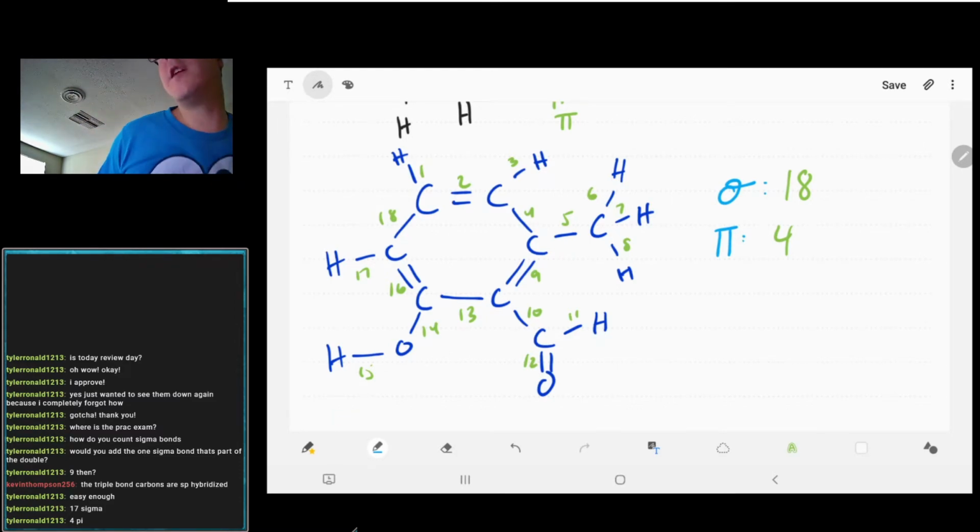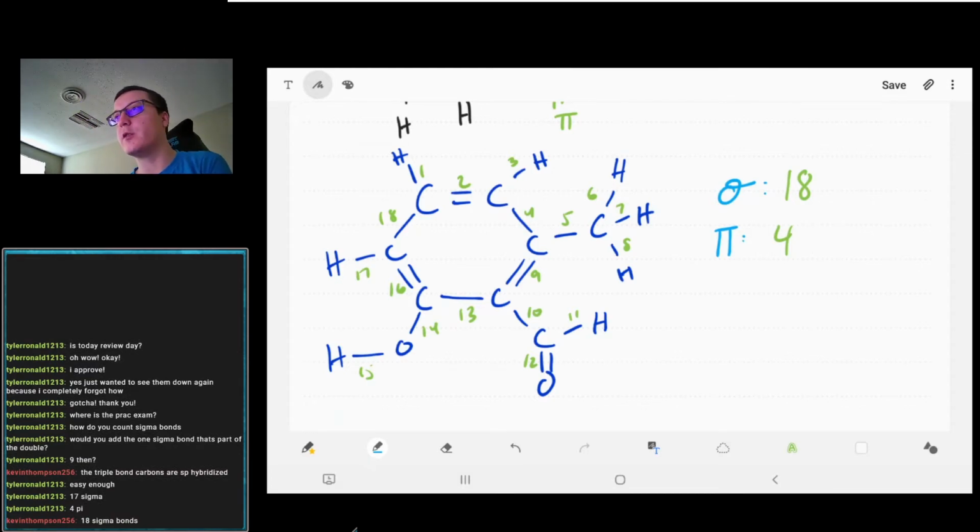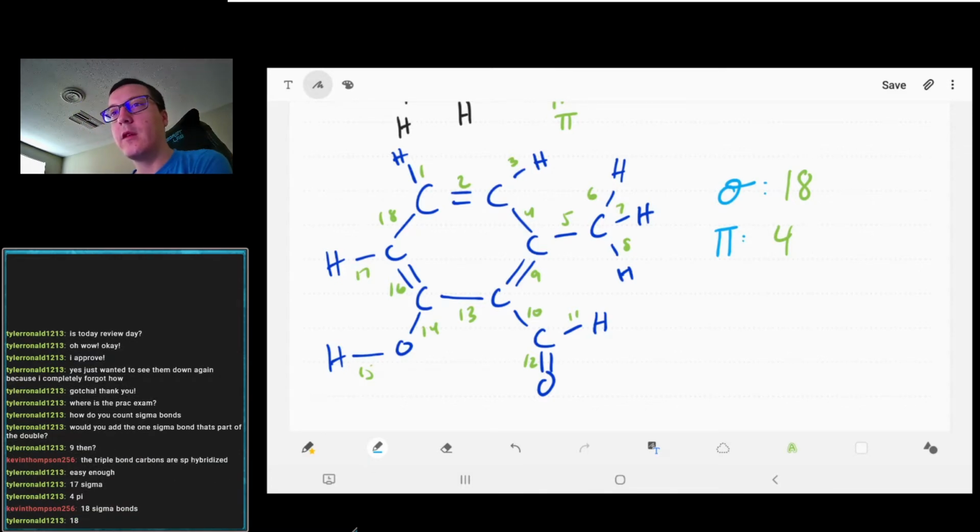So you should get 18 total sigmas, though. Yeah, awesome. Okay, cool. Yeah, I find it useful to just write the numbers next to it, so that way it's easy to see if I've counted it already.